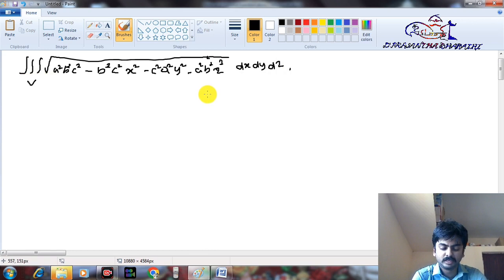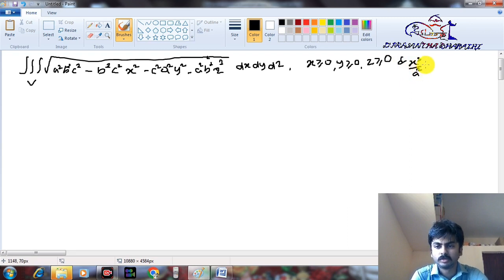So where V is the region defined by x greater than or equal to 0, y greater than or equal to 0, and z greater than or equal to 0, and also we are having x square by a square plus y square by b square plus z square by c square less than or equal to 1.